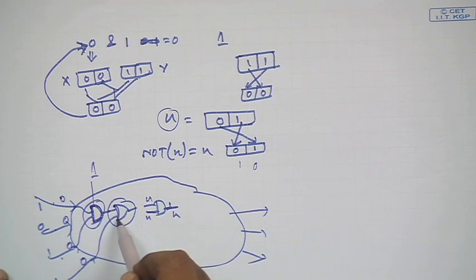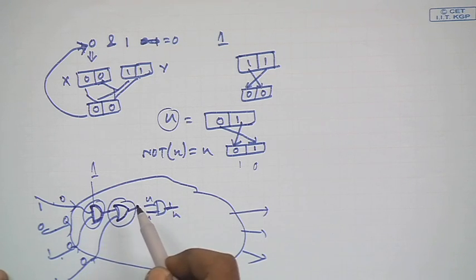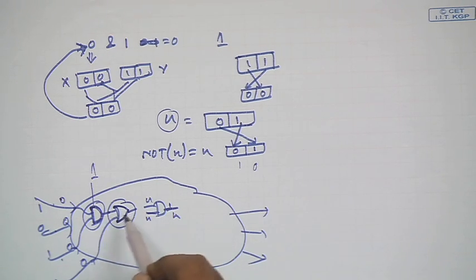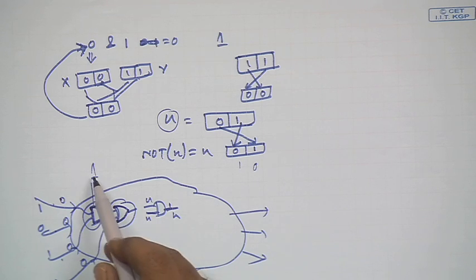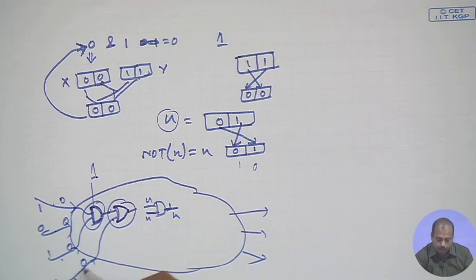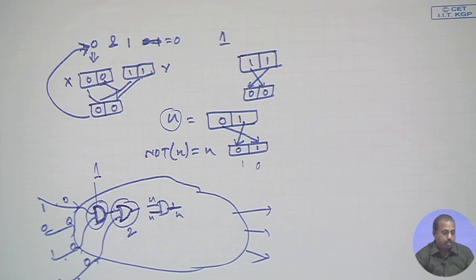Now, when you are trying to levelize this node, what will happen? It has two inputs, one of them has level 1, and another one has level 0. So we take the maximum of these two, that is 1, plus 1, so 2. So 2 is made the level of this OR gate. This way the leveling is done.